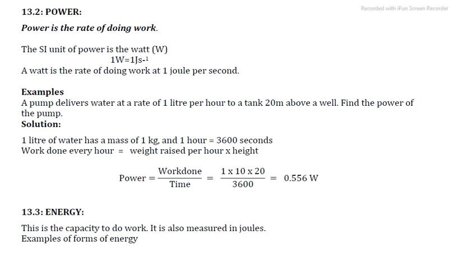So for us to find the power, we must get the work done over time taken. But work done, since it is raised, will be the weight that is raised per hour times the height. For us to find the weight, we must find mass. Don't forget, from density equals mass over volume, that's where we shall get our mass as density times volume.